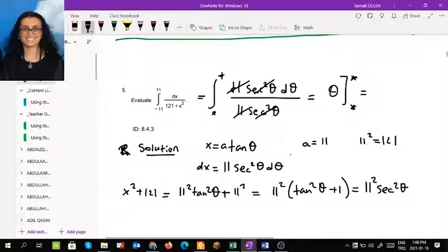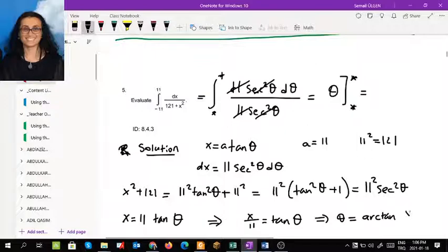Theta from negative 11 to 11, but what's theta? We know that x is equal to 11 tangent theta. This implies x over 11 is tangent theta. This implies theta is equal to arctangent x over 11, right? So we are gonna plug in arctangent x over 11.